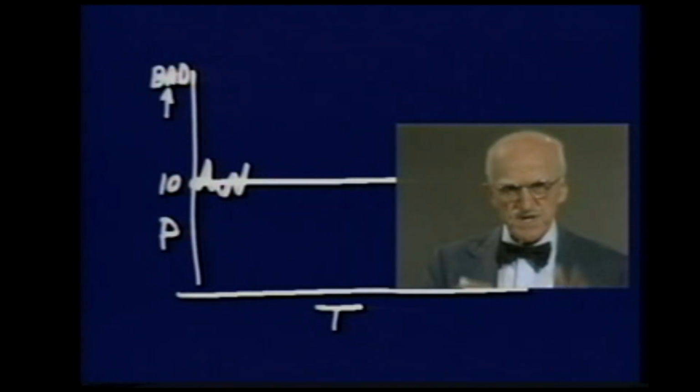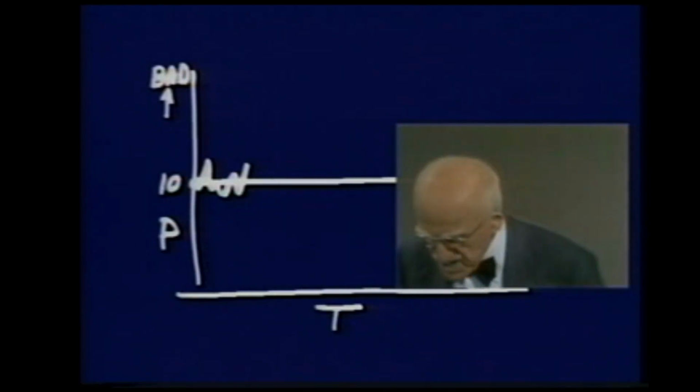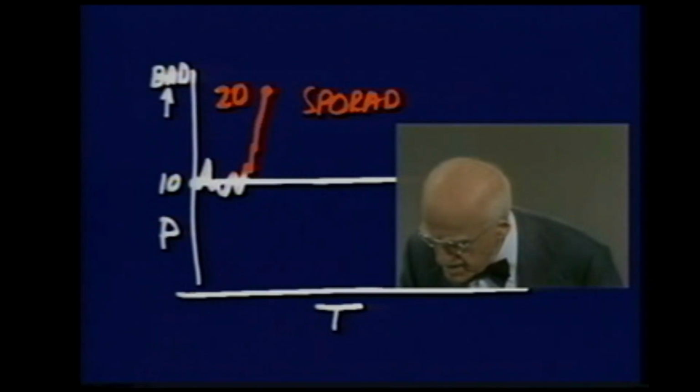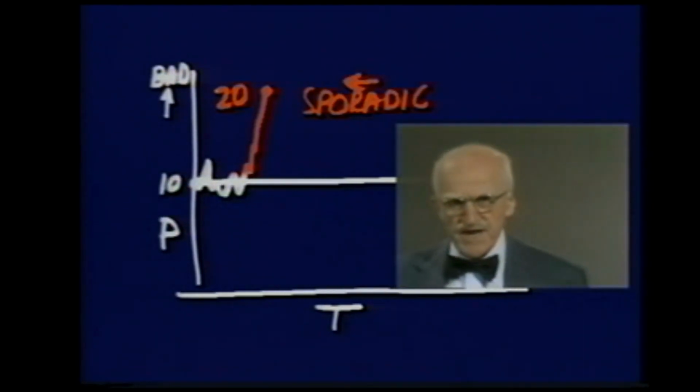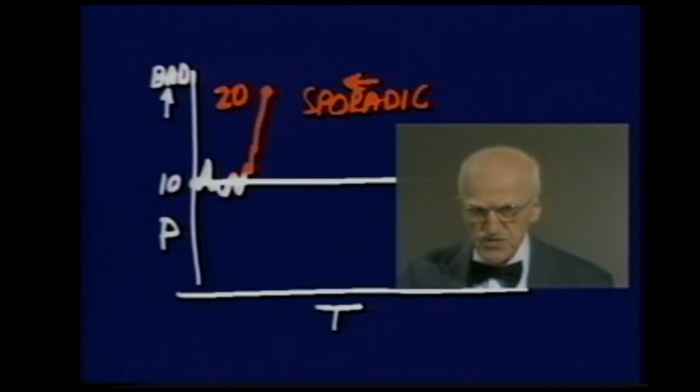Now suppose there's a sporadic rise to 20%. That rise triggers many alarm signals. The supervision converges on the scene and takes corrective action.